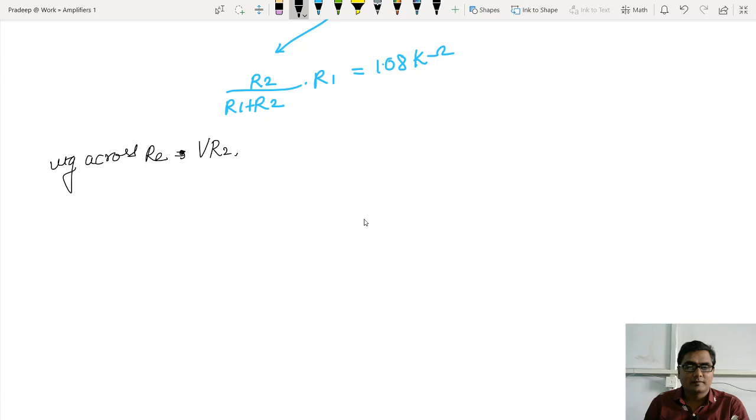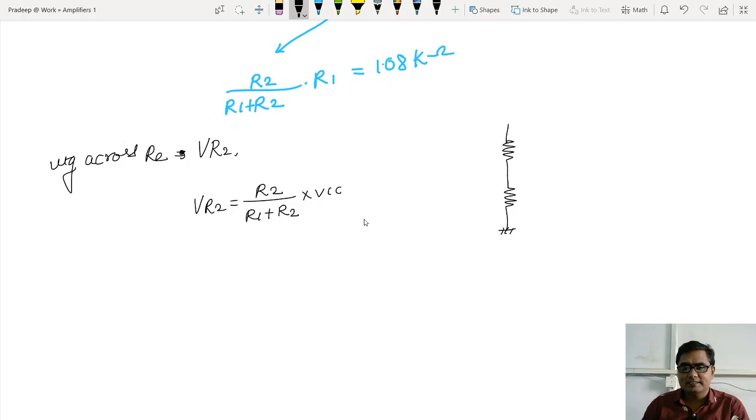From the voltage division rule, VR2 is nothing but R2 divided by R1 plus R2, multiplied by VCC. Look at this: this is R1, this is R2, this is ground.